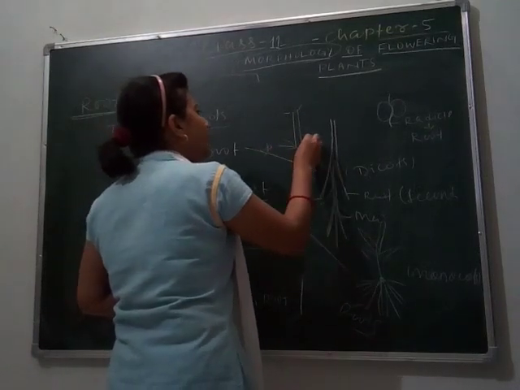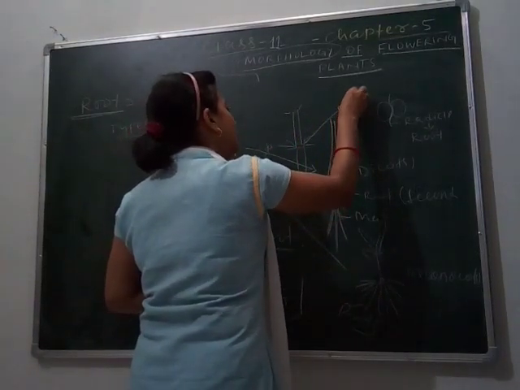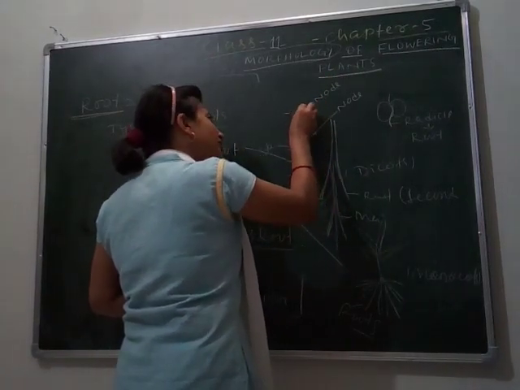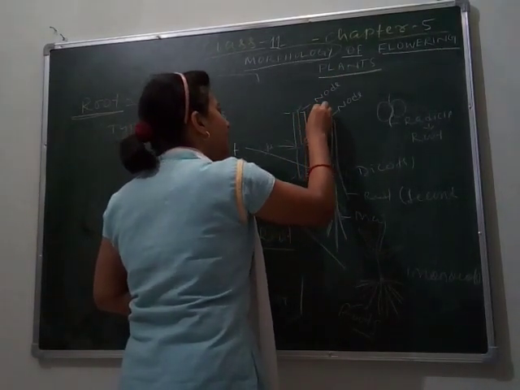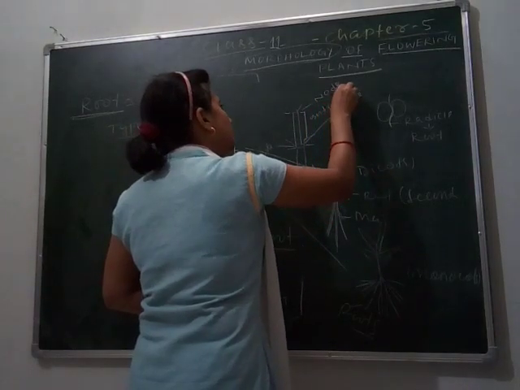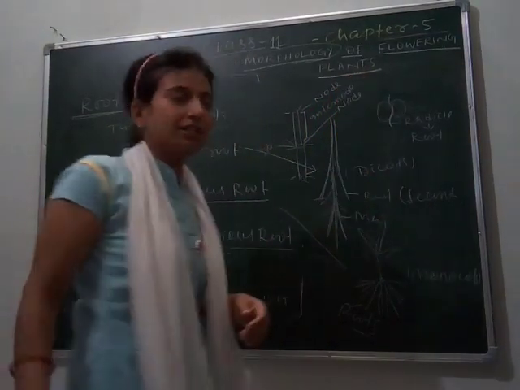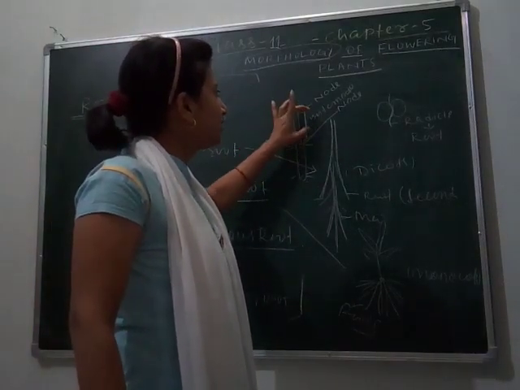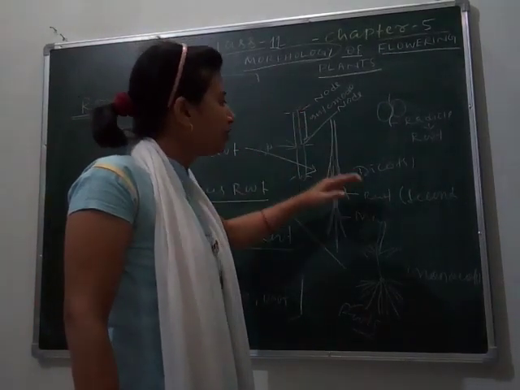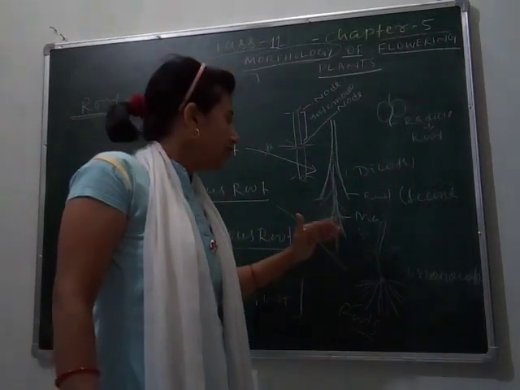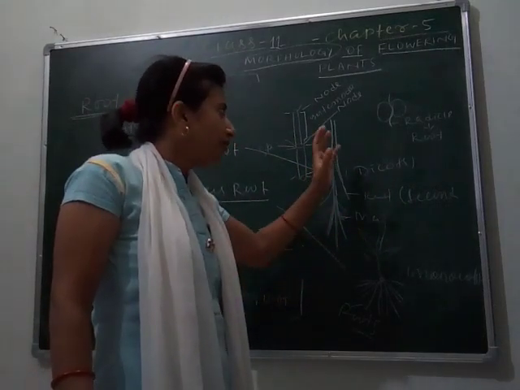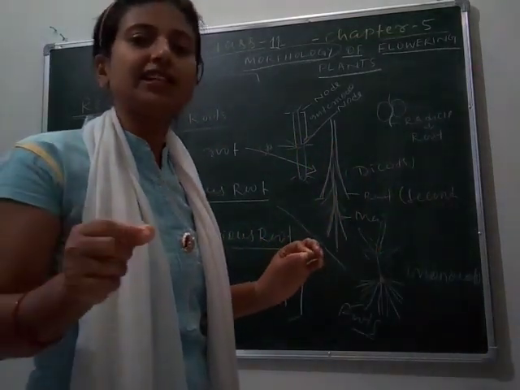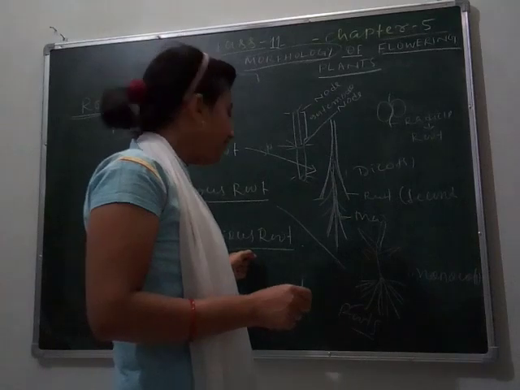And as I have told you, this is a node, this is also a node, and the part between the two nodes is called the internode. Do you get it? So this part is the internode, this is a node, this is a node. The gap between two nodes is called the internode. So here I tried to teach you that when root arises other than from the radicle, then this type of root is called your adventitious root.